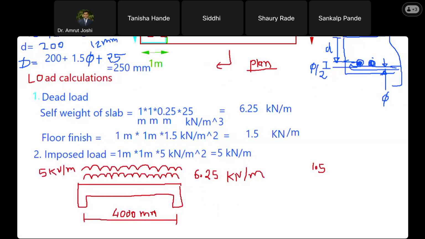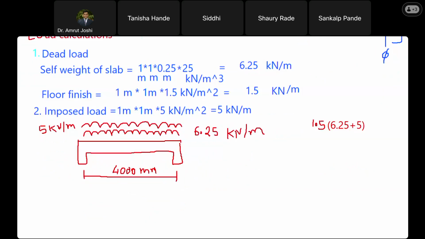Can you do this and tell me how much it is? Sir, it is 16.875. So this is equal to 16.875 kilonewton per meter. Happy?